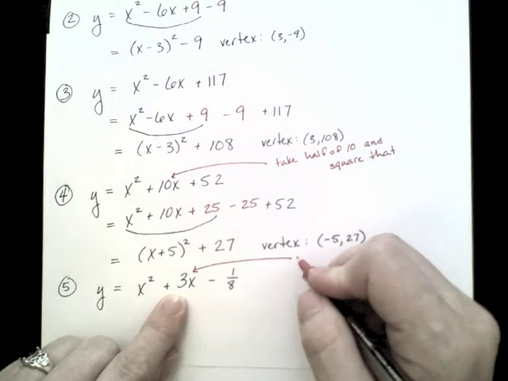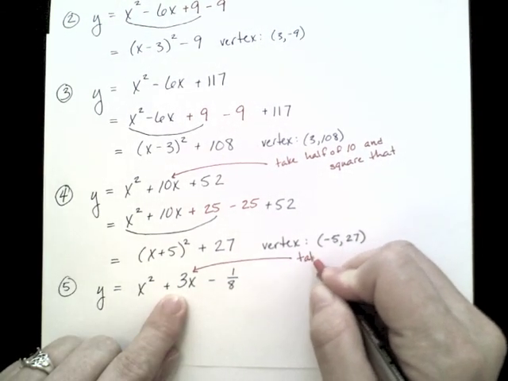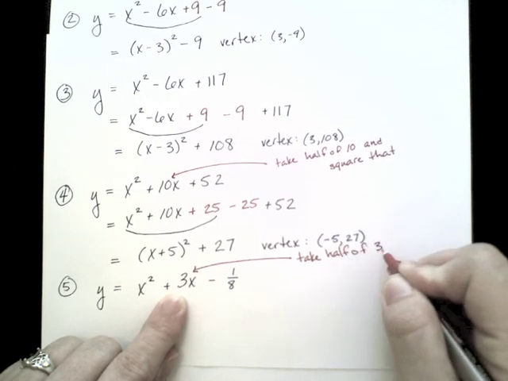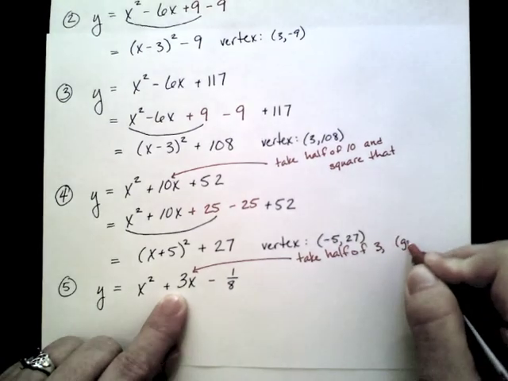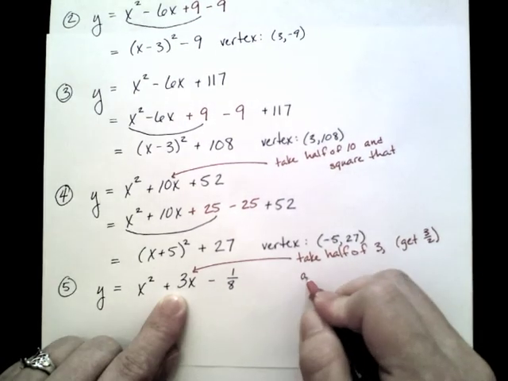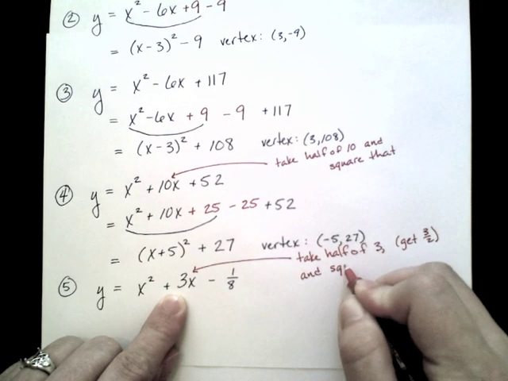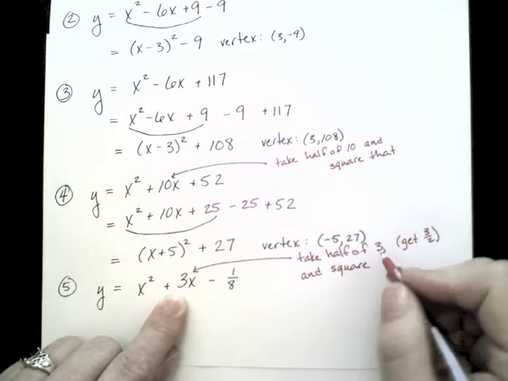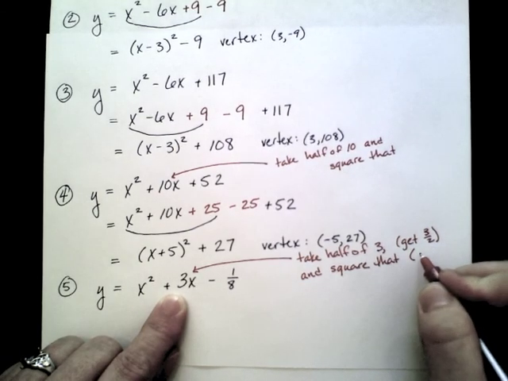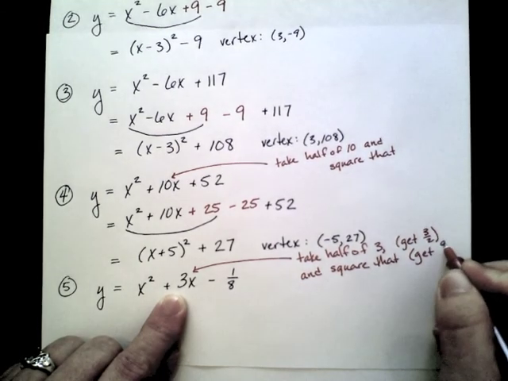Here we've got 3. I'm going to take half of 3. I'll get 3 halves. And square that. So 3 halves times 3 halves, I'm going to get 9/4.